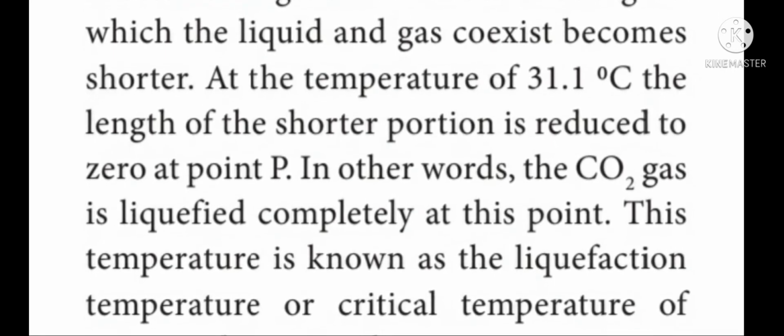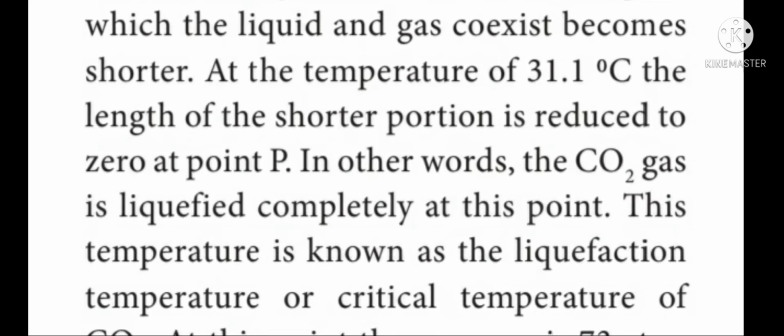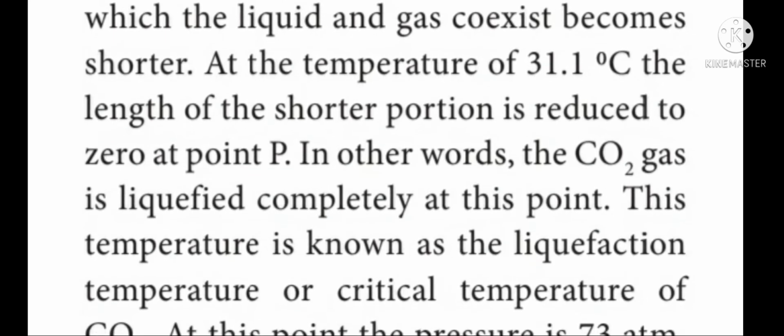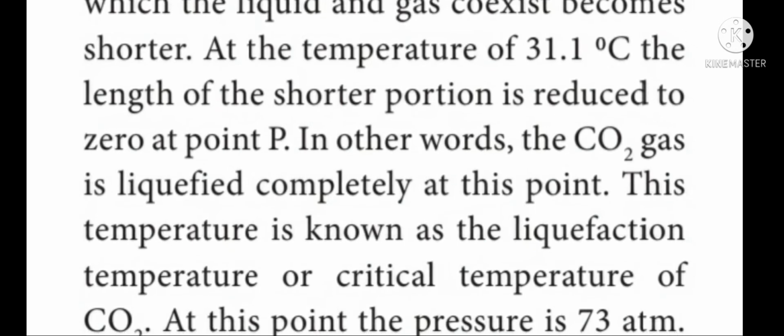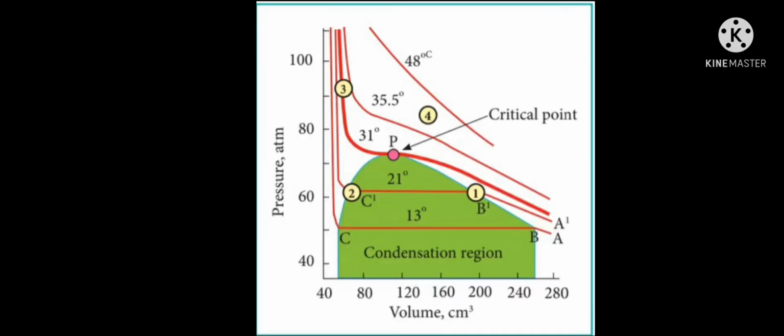This temperature is known as liquefaction temperature or critical temperature of carbon dioxide. It is explained in this paragraph. The next isotherm shows a similar trend with the shorter flat region, that is, a small straight line.